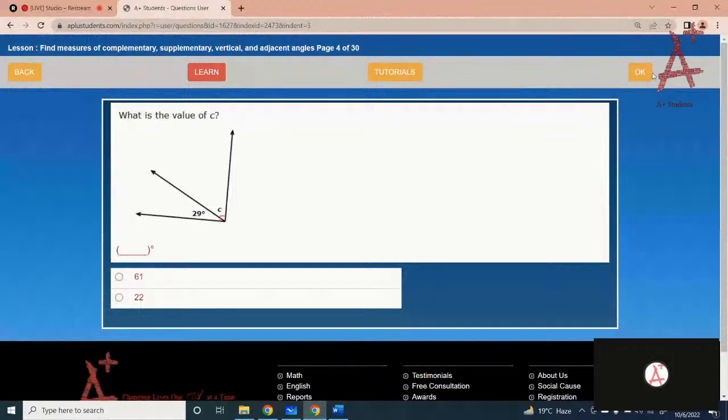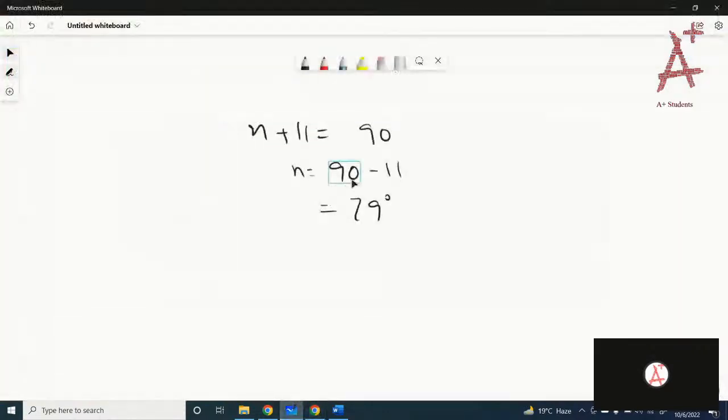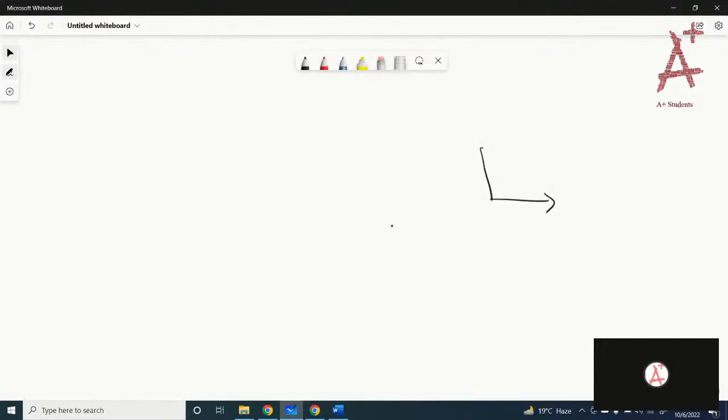Got it? Okay, what is the value of C? Okay, let me write it down on the board. Okay, this sign means it is the 90 angle, that is 90 degrees. Got it?